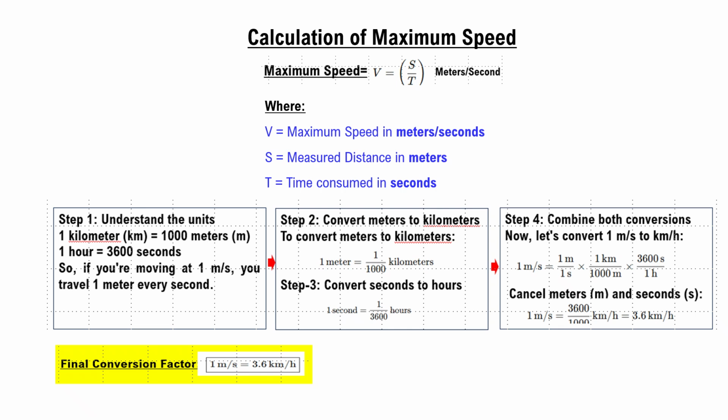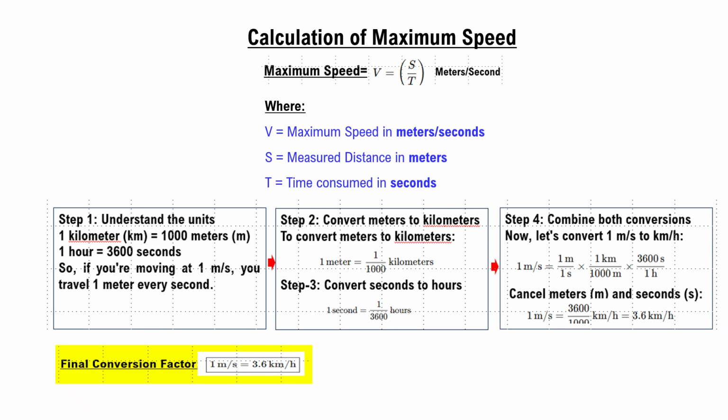We know 1 kilometer is equal to 1000 meters. 1 hour is equal to 3600 seconds. Therefore, our conversion factors are 1 meter is equal to 1 by 1000 kilometers, and 1 second is 1 upon 3600 hours.